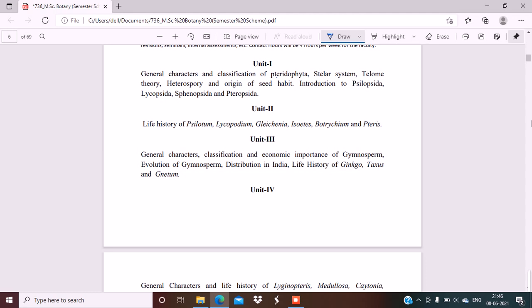The first book is Diversity of Microbes and Cryptogams, in which you will get the topics Pteridophyta and Gymnosperms by Singh, Pandey and Jain. Again, for Gymnosperms and for Paleobotany, which is in the next unit, you can refer to the book Textbook of Botany, Diversity and Systematics of Seed Plants by Singh, Pandey and Jain.